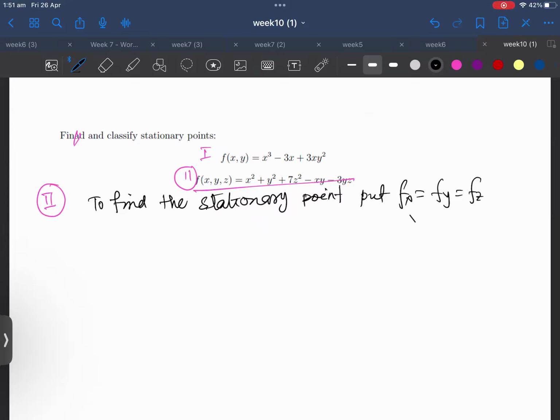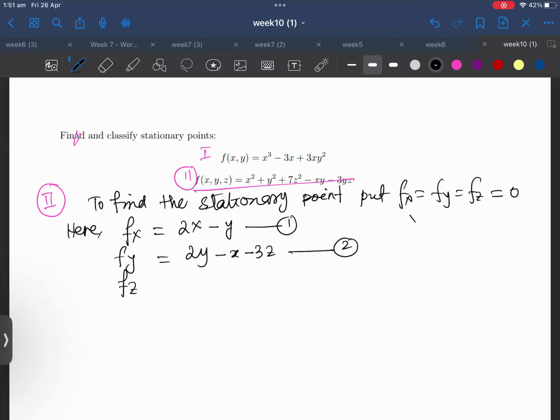So you need to differentiate the function with respect to x, y, and z, and then set it equal to 0. So here f_x equal to 2x minus y, equation 1. f_y is 2y minus x minus 3z, which is equation 2. f_z is 14z minus 3y. This is your equation 3.